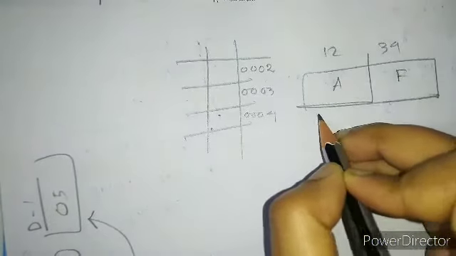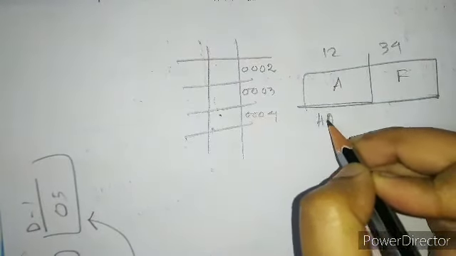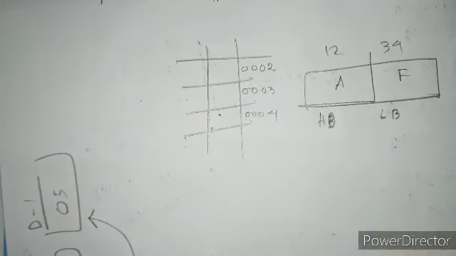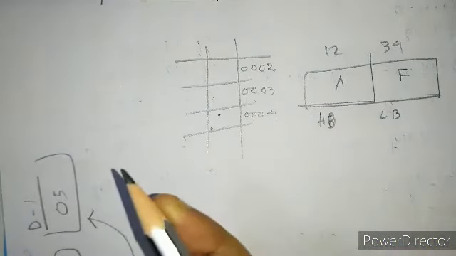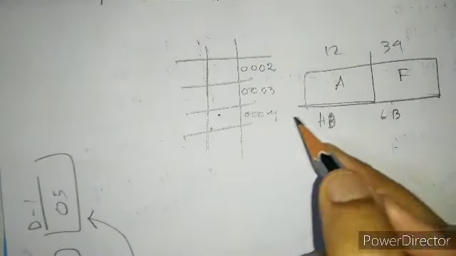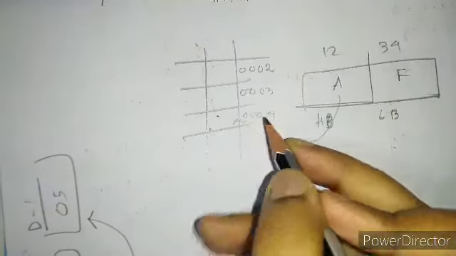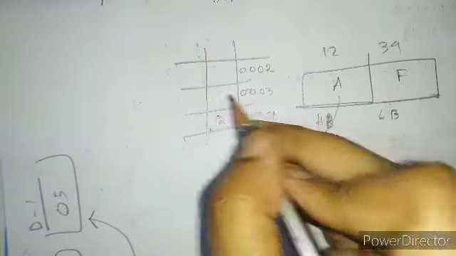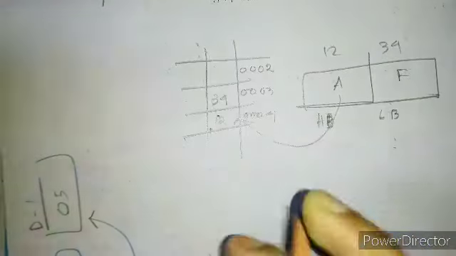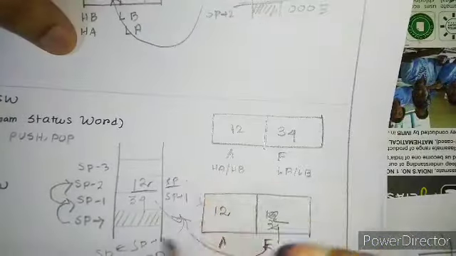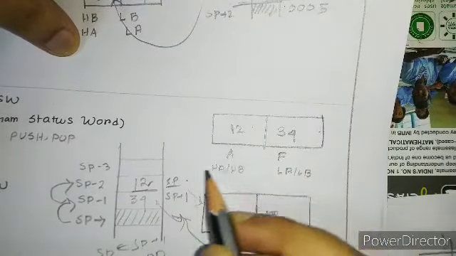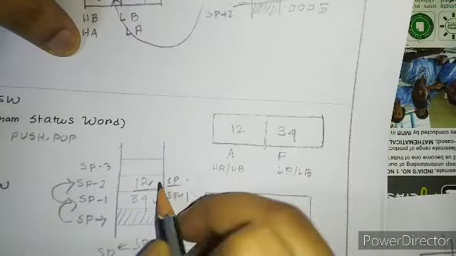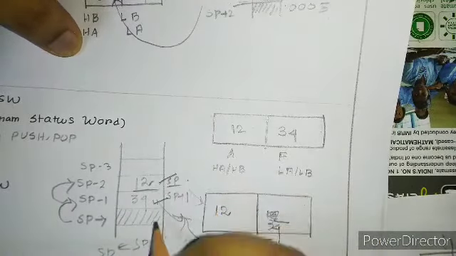This is my higher bit, this is my lower bit. So whenever we perform push, first this will come here, so this should be 12 and then 34. What I have done wrong is I have written A first and then F. So please don't make this mistake.